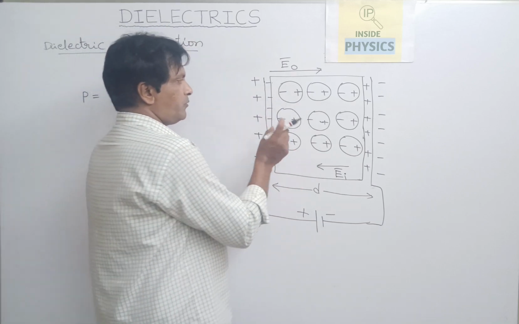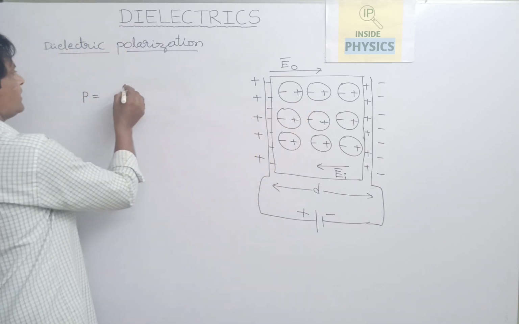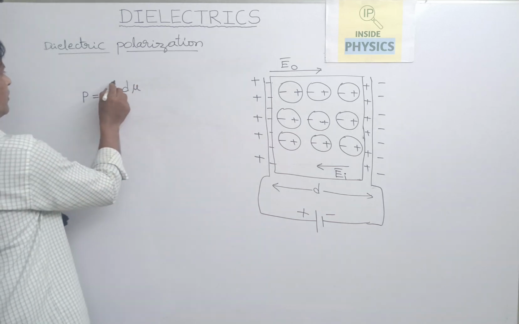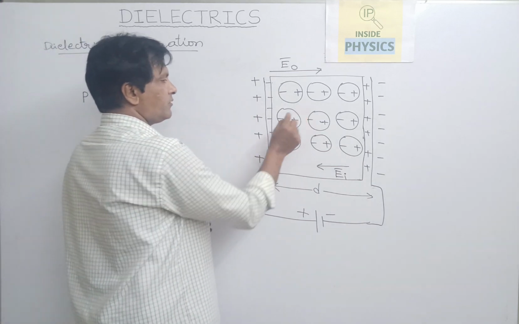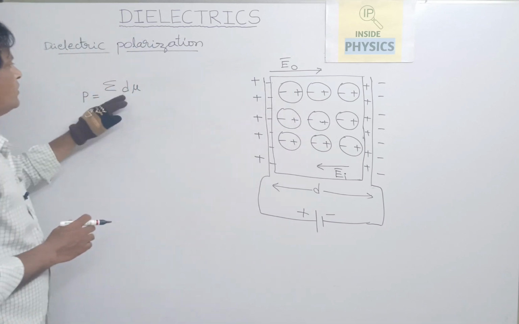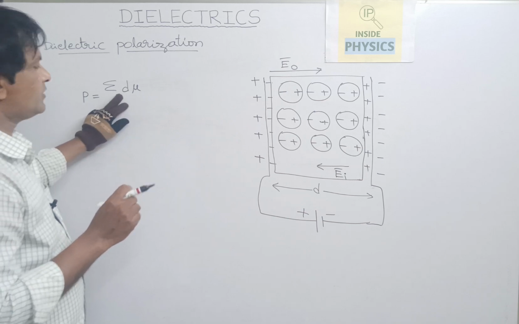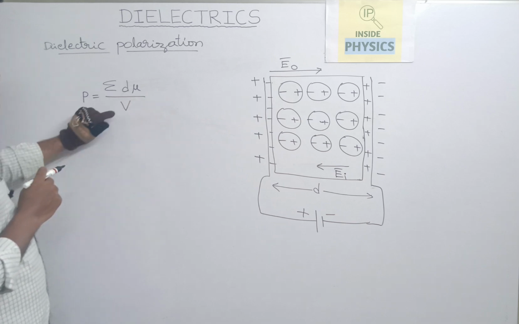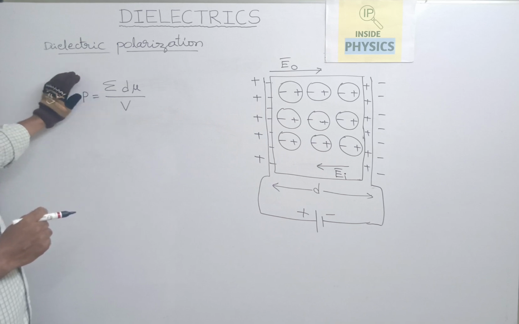So the dipole moment in a particular small volume can be taken as d mu, where mu is a dipole moment. The sum of all the individual dipole moments of a very small volume in this dielectric material, divided by the volume of the dielectric slab, gives the polarization.